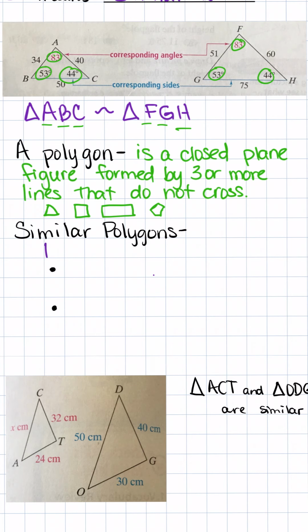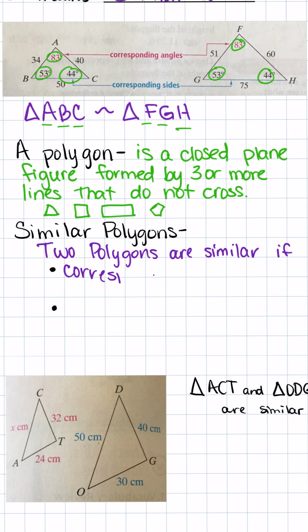So two polygons are similar if they have corresponding angles.